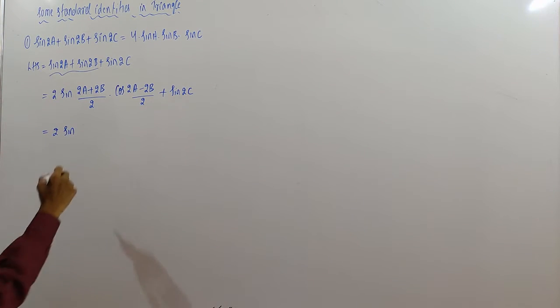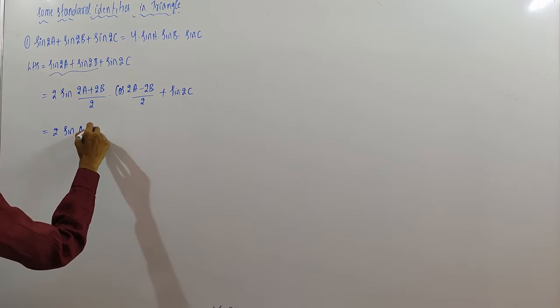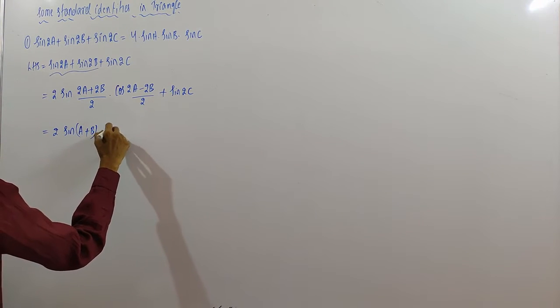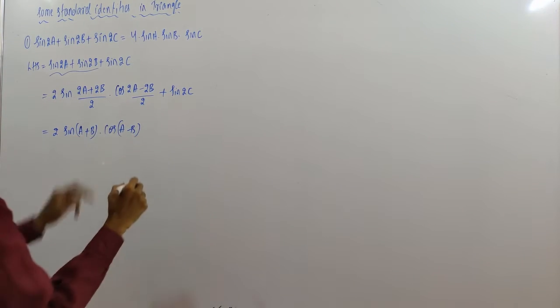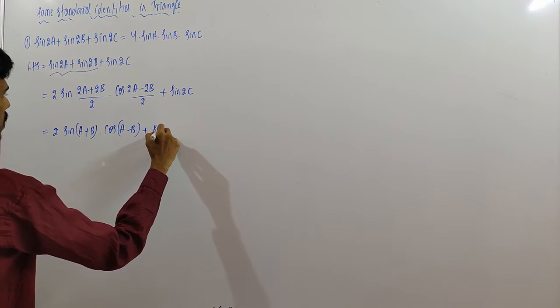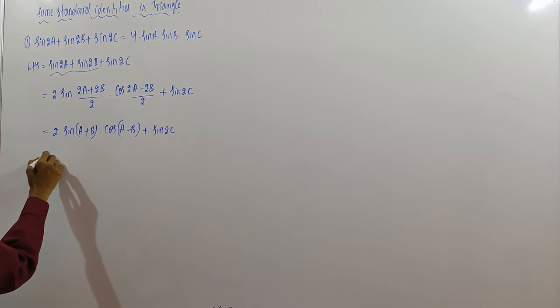This 2 and this 2 will get cancelled. We have 2 sin (A plus B) into cos (A minus B). These 2 and this 2 will get cancelled, plus sin 2C.